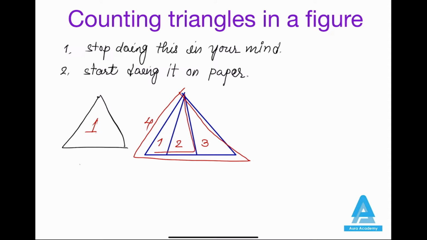This here is the fifth one, with triangle number 1 and 2 making triangle number 5. Then triangle number 2 and 3 make triangle number 6. So there are a total of 6 triangles.